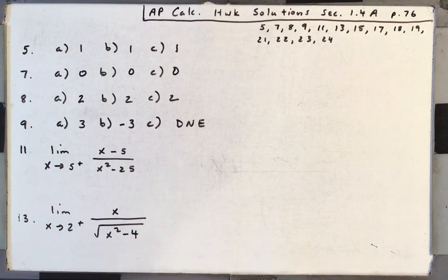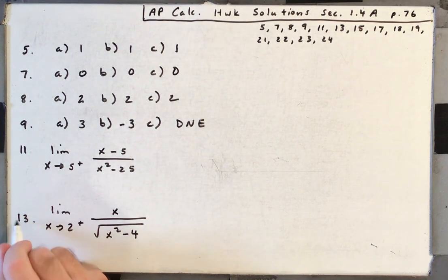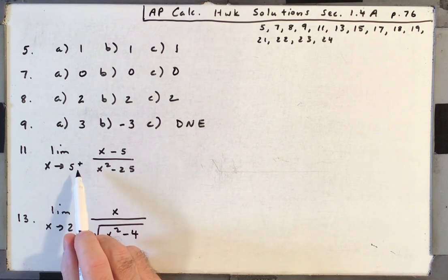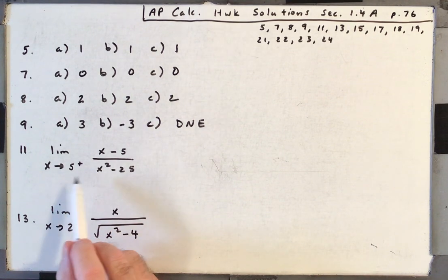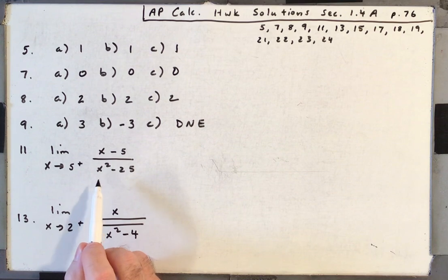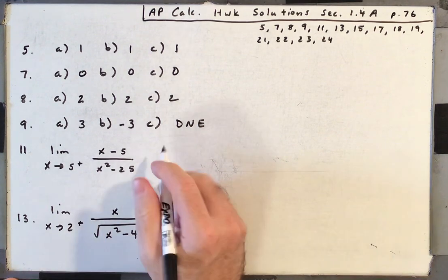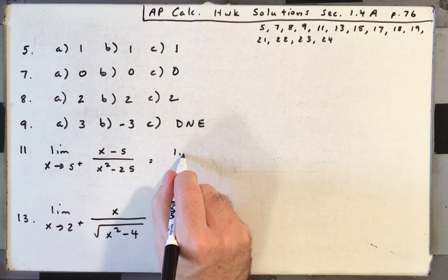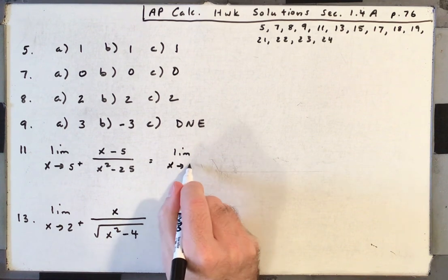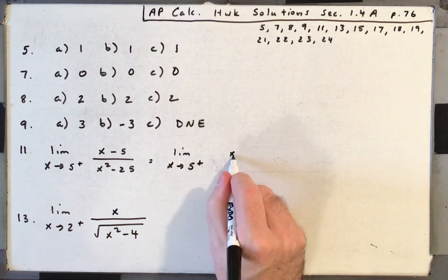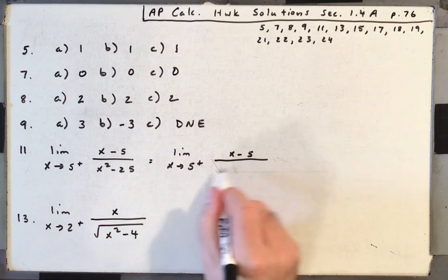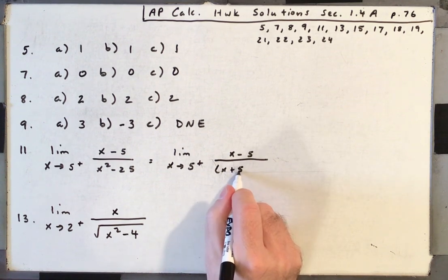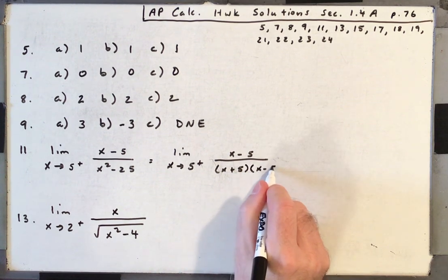Okay, so for number 11, remember when you're finding these limits from the right or left, if it's not absolute value or a piecewise function, you just do it the same way that you've been doing it. So this is going to be the limit as x approaches 5 from the right of x minus 5. And we're going to factor into x plus 5 times x minus 5.